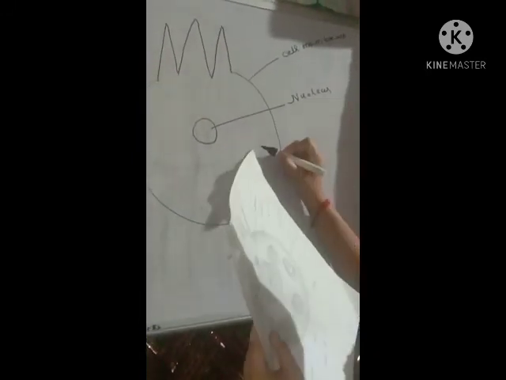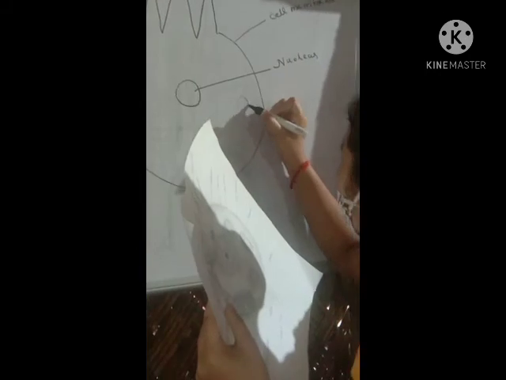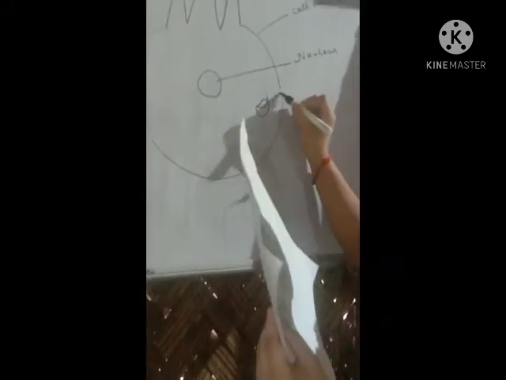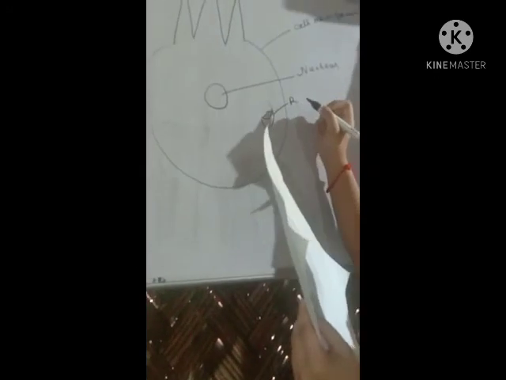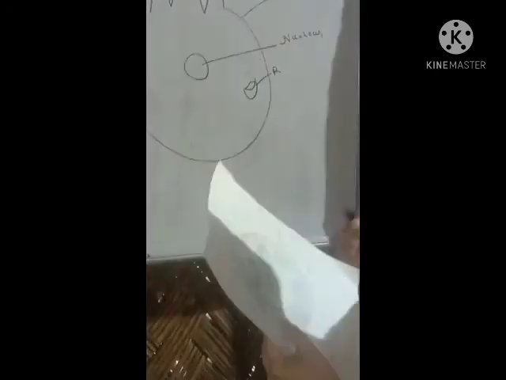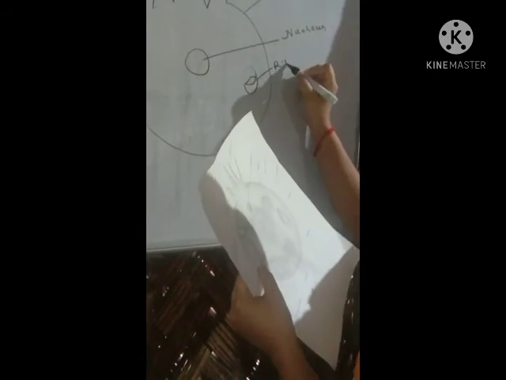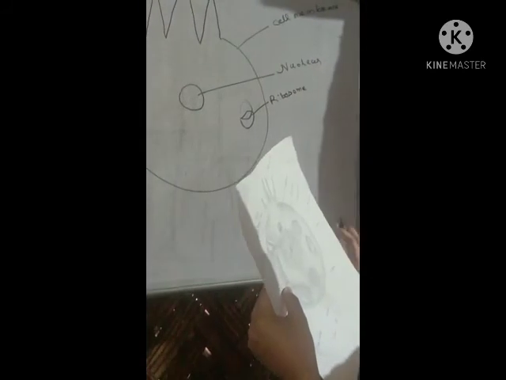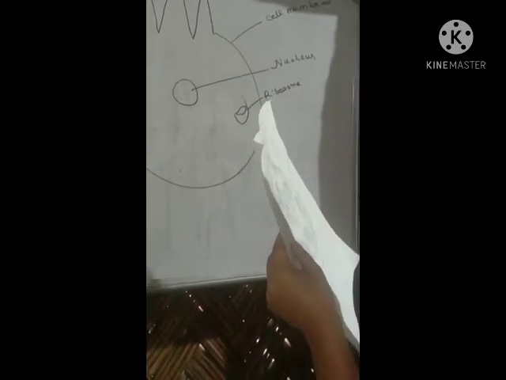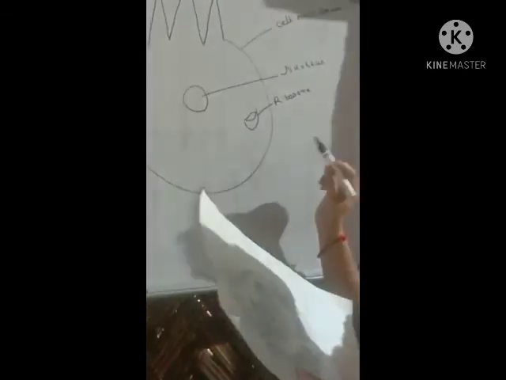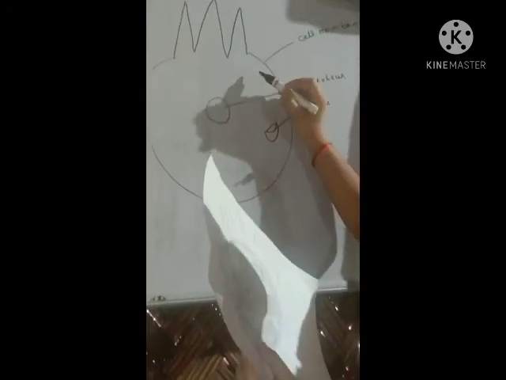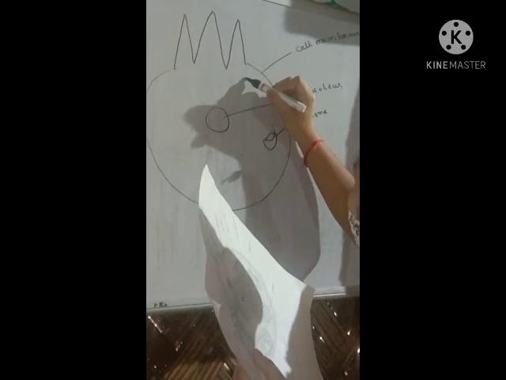And ribosomes are also present in animal cell. Inside of the cell membrane, cytoplasm is also present.